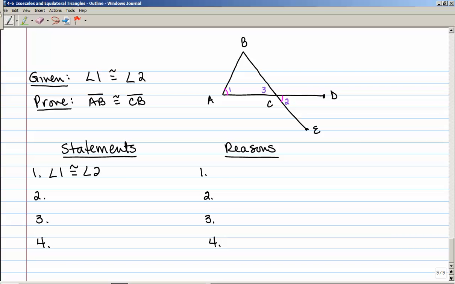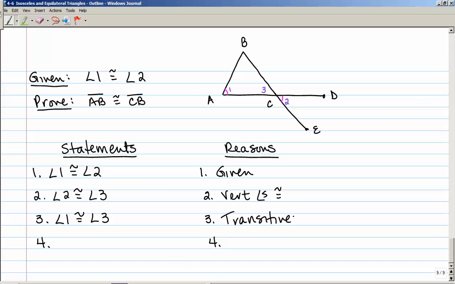1 is congruent to 2. And then looking at the picture, I see that angle 2 and angle 3 are vertical angles. So I can actually say angle 2 is congruent to angle 3 because vertical angles are congruent. And now if 1 is congruent to 2 and 2 is congruent to 3, then I can say angle 1 is congruent to angle 3 by the transitive property.